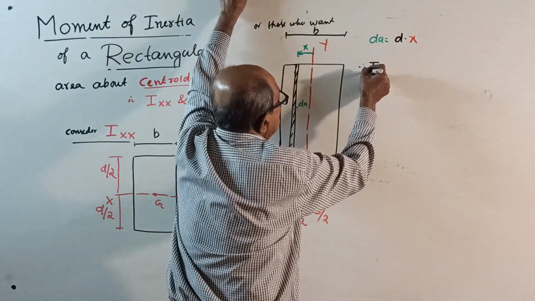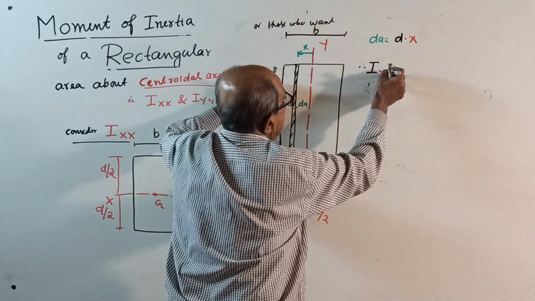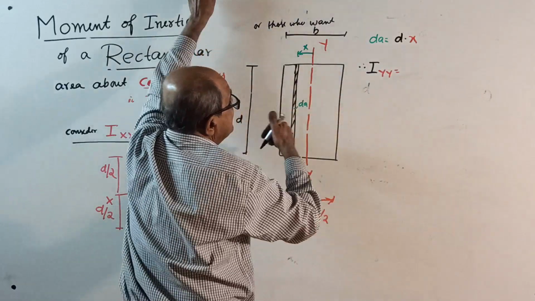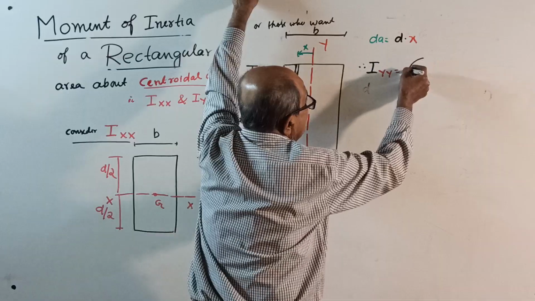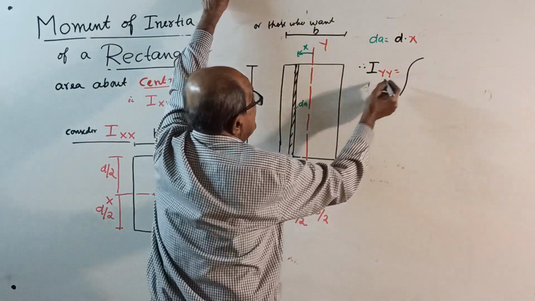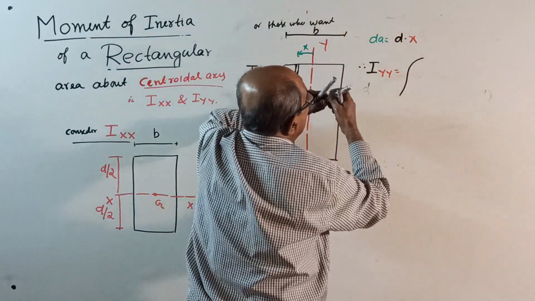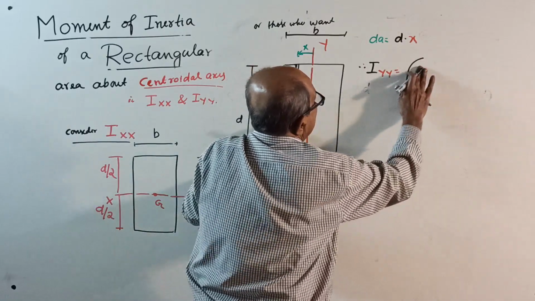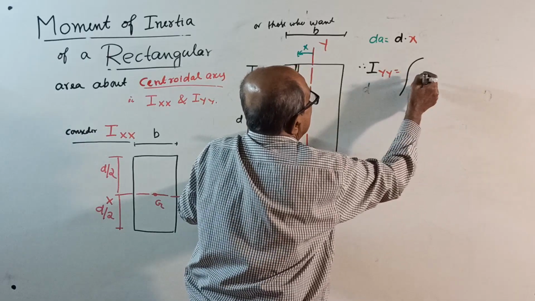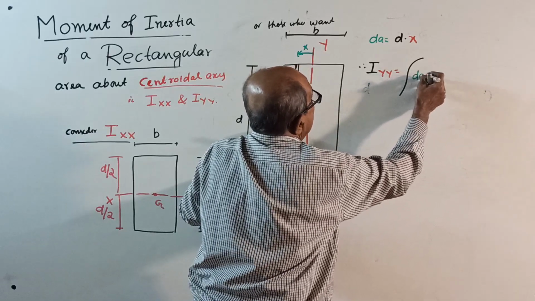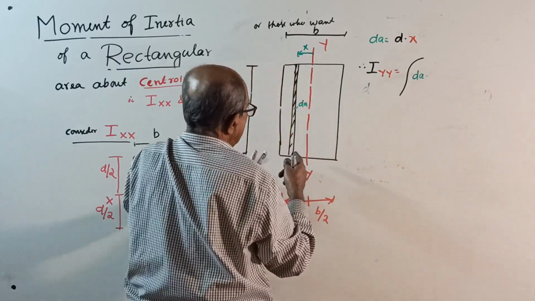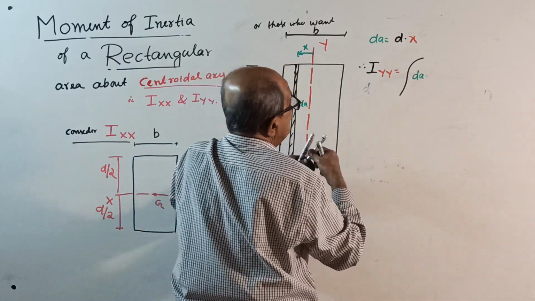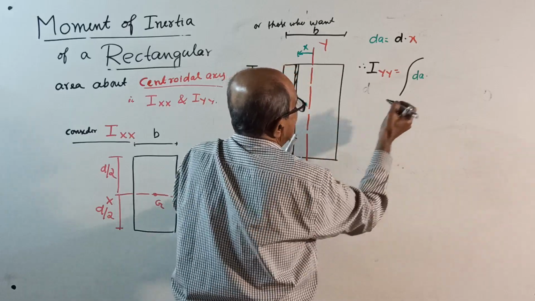Therefore, I about yy for the entire rectangle is the integration of dA into x square.